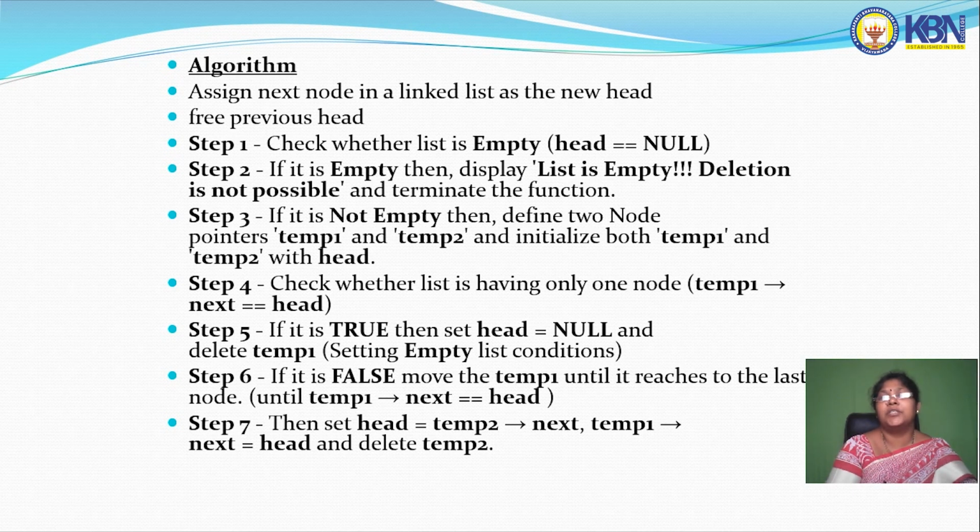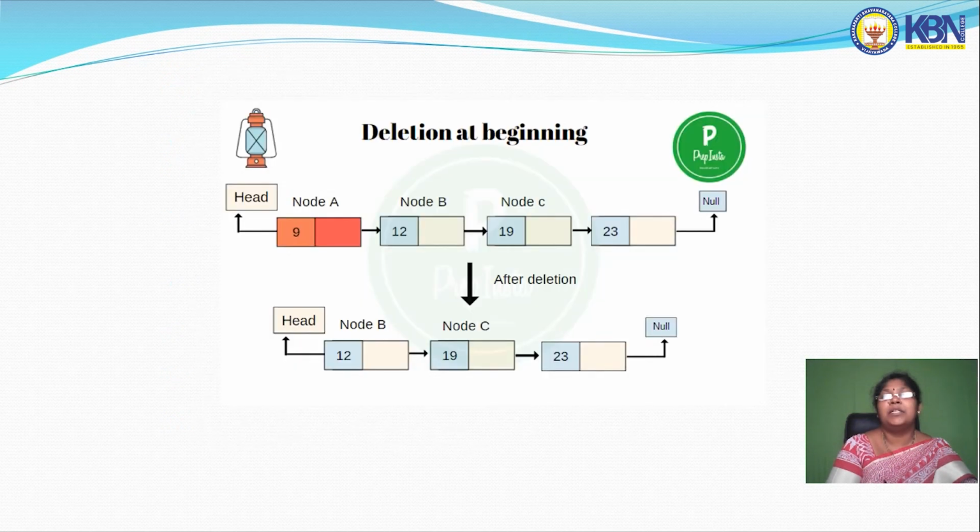Then after, go for the not empty list. When the list is not empty, we can delete the head element or the element at a given position. After checking that element, we can delete it. Okay, then after, go for the next one, deletion at the beginning.